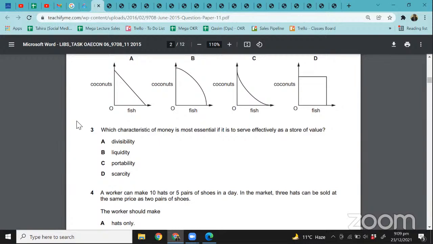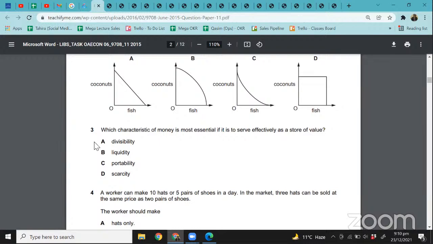If you start using something that is available in abundance, that will not be scarce, and therefore that will not be very valuable. Things that are very valuable, like diamonds or gold, are scarce. They are in limited supply. That's why they are valuable.